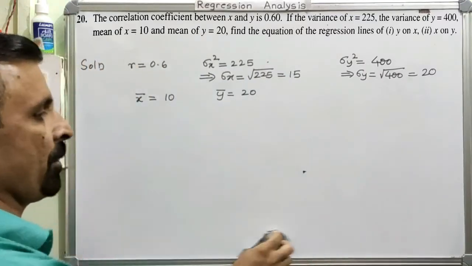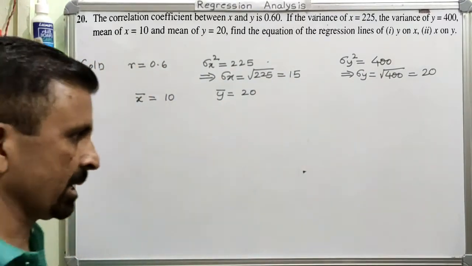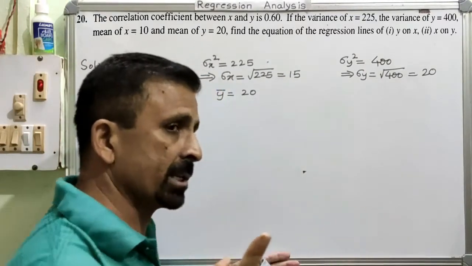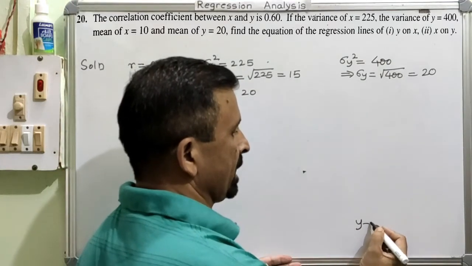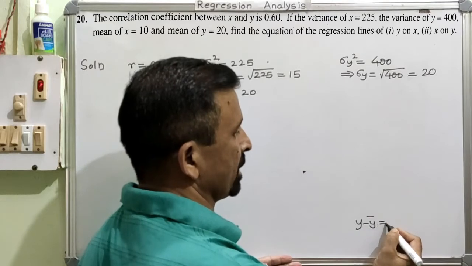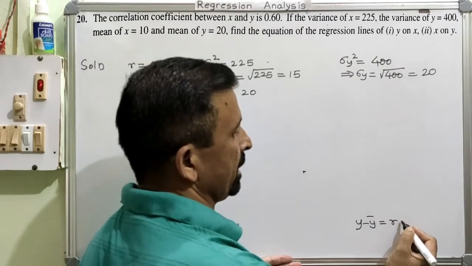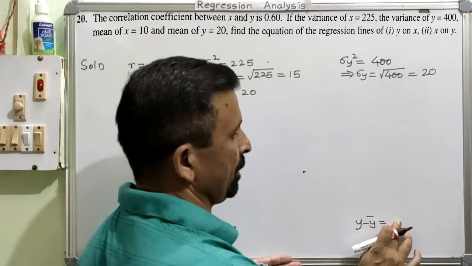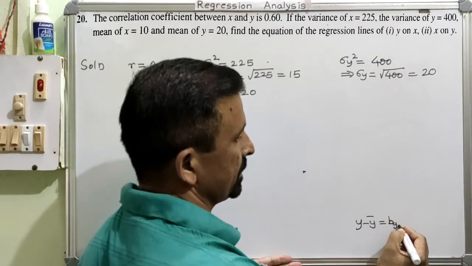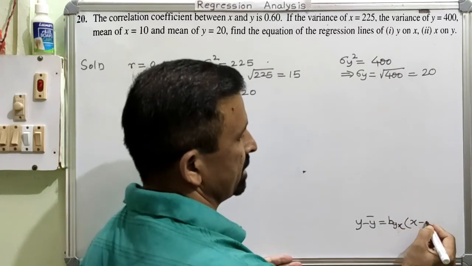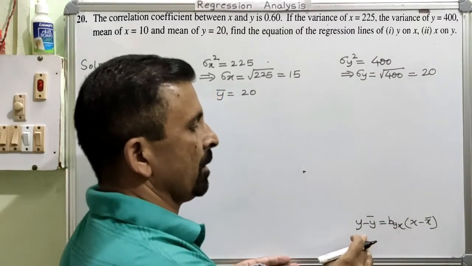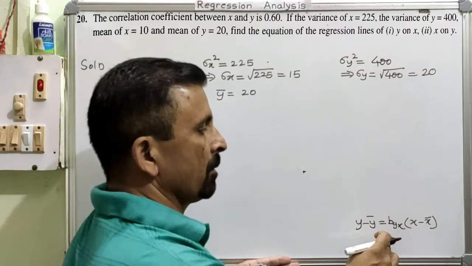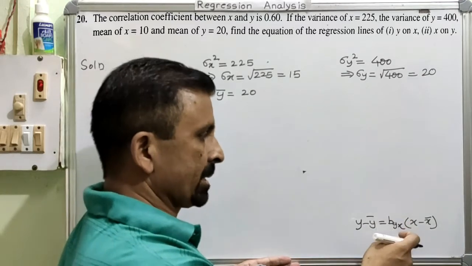You already know the formula for the equation of the line of regression, right? I will show you one. The equation of the line of regression of y on x, which I gave you just now, is y minus y mean is equal to r into byx into x minus x mean. This is the formula for writing the equation of the line of regression of y on x.